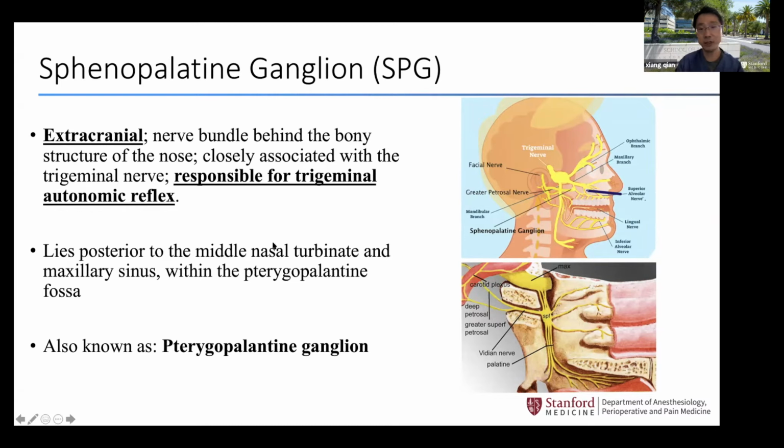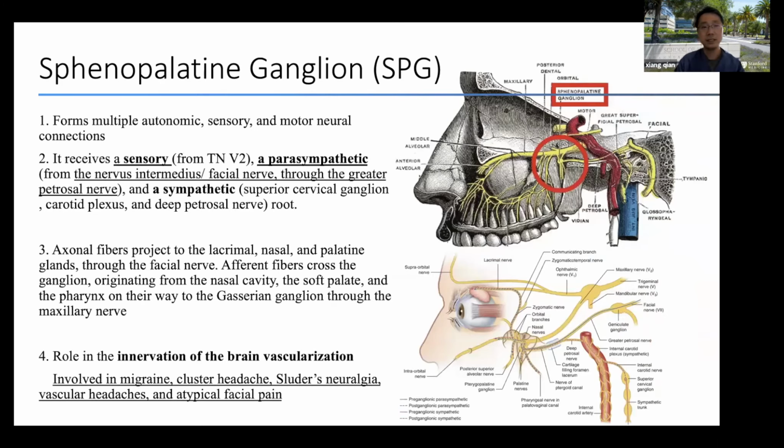In terms of location, it is posterior to the middle nasal turbinate, in the pterygopalatine fossa, lateral to the maxillary sinus. Sometimes we call it the pterygopalatine ganglion as well. The reason I said this is my favorite is because it's so complex. It receives sensory, parasympathetic, and sympathetic inputs: sensory from the trigeminal nerve, parasympathetic from the facial nerve, and sympathetics from the superior cervical ganglion and carotid plexus.